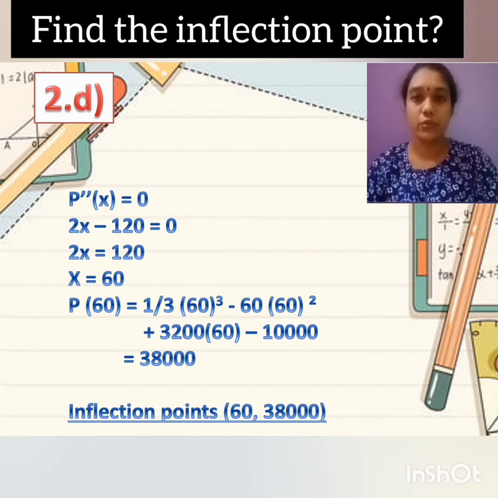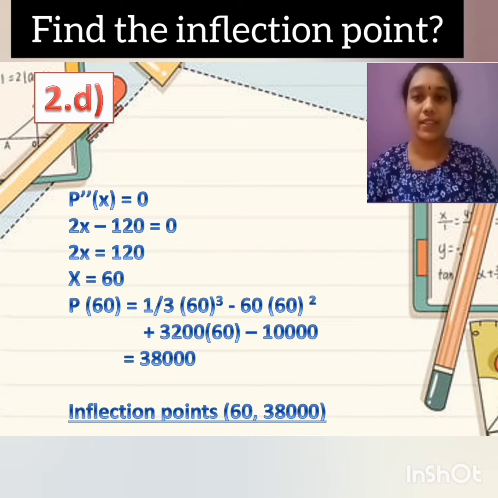For question 2d, we should find the inflection point. To find the inflection point, we need to set the second derivative equal to 0. We know that 2x minus 120 is the second derivative of the profit function, so we set it equal to 0.